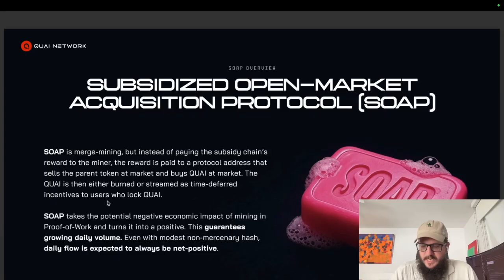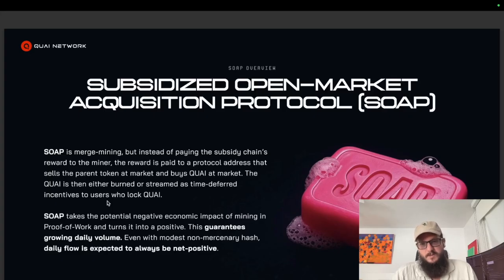So if we look at the Namecoin example, when miners would merge mine Namecoin with Bitcoin, they get both rewards. So they get a Namecoin reward and they get a Bitcoin reward. What we're basically saying is if you merge mine Quai, instead of getting both rewards, you just get Quai.